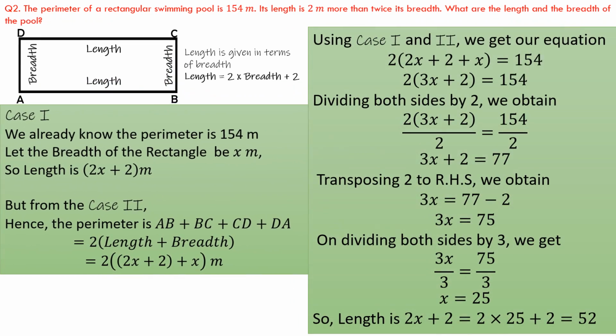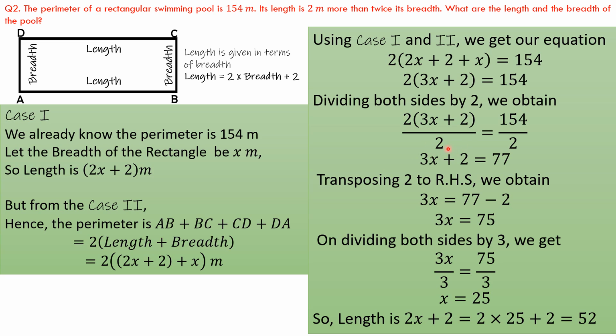But from case 1 we already know the perimeter to be 154 meter. Hence from case 1 and case 2 we get our equation 2 in the bracket 2x plus 2 plus x equals 154.